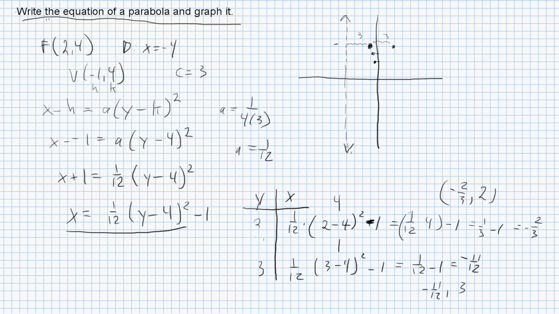And then using symmetry around the axis of symmetry, since it's horizontally oriented, we reflect those up. We're going to have a point up here, and another point up there. And here is our parabola, something like that. So there is our graph right here, and then here is the equation over there.